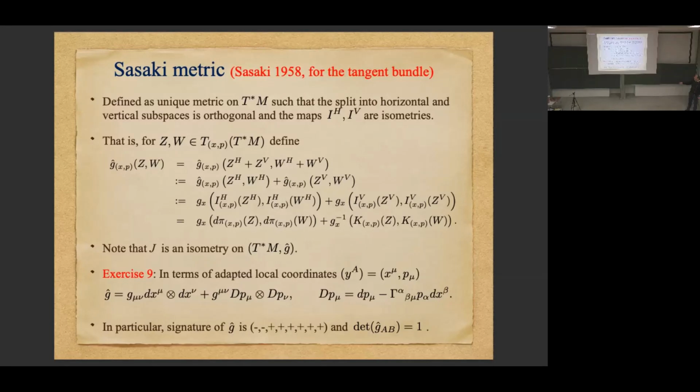You have the inverse metric, but remember that this capital D p mu includes here the Christoffel symbols. Okay, so this is a metric with signature 2 time directions and 6 spatial directions, and the determinant of the metric components is 1 in these coordinates.